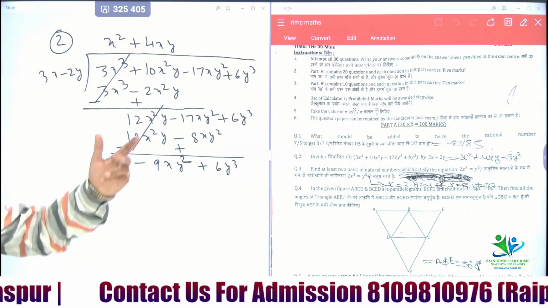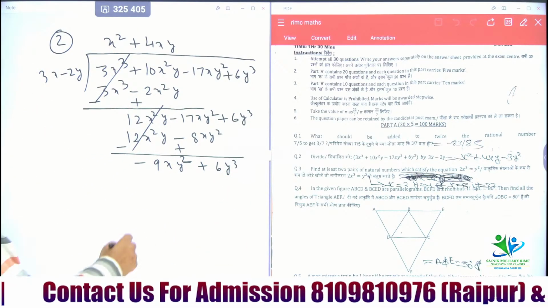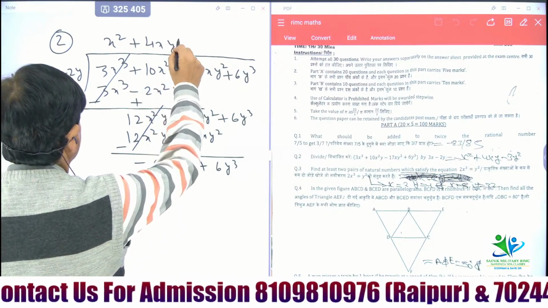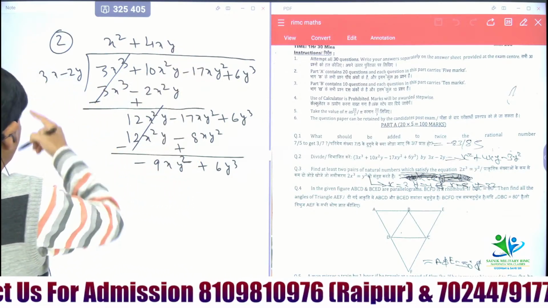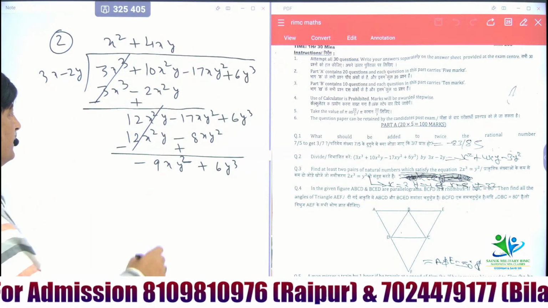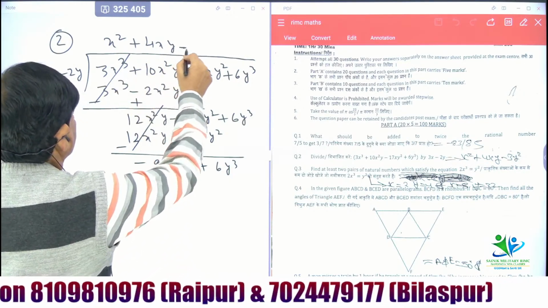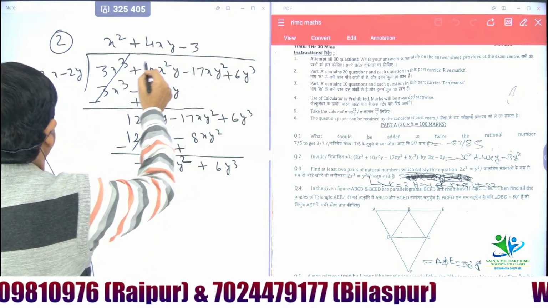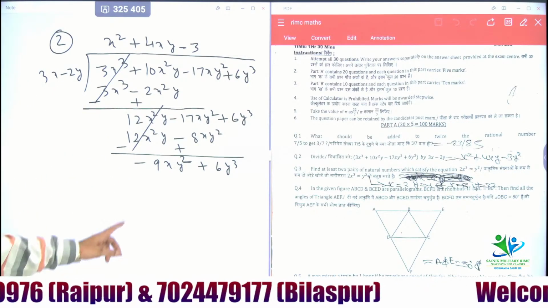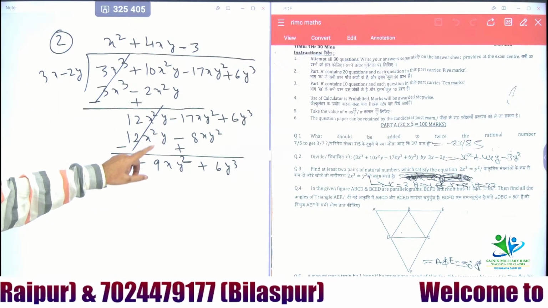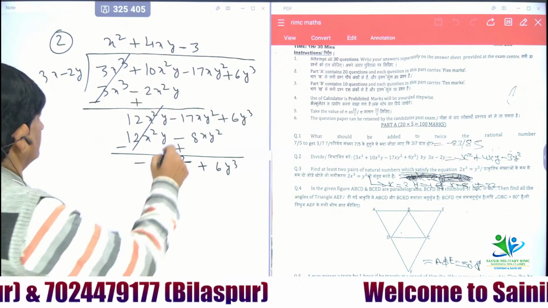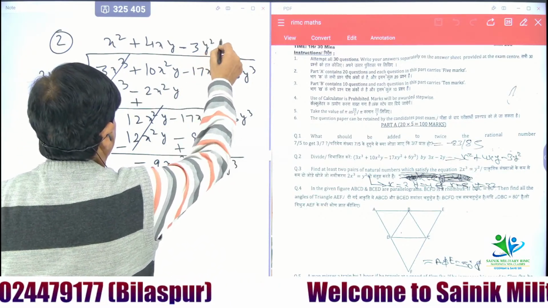Again you have to take the quotient such that the first term will be cancelled. That is 3x is there and here is minus 9. That means you have to take minus 3. Minus 3 into 3 is minus 9. x is already there and y square you have to take.